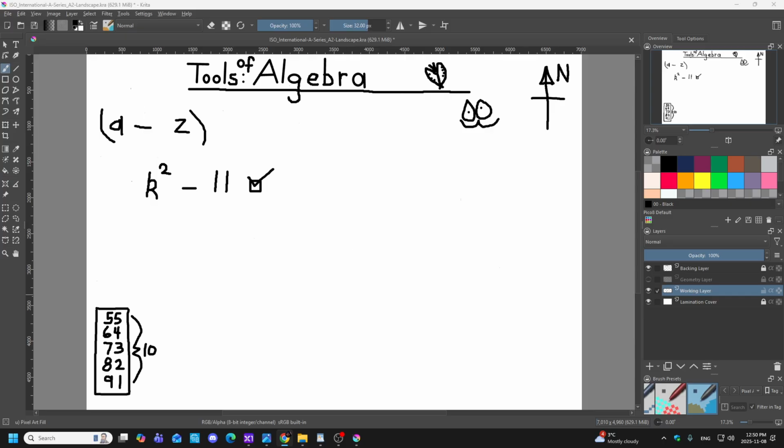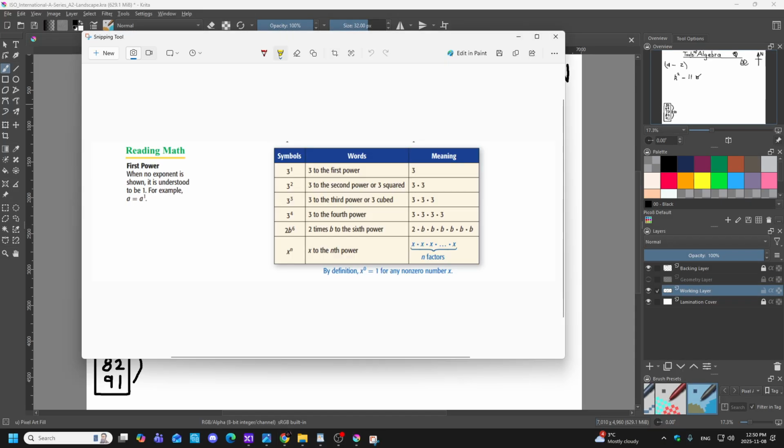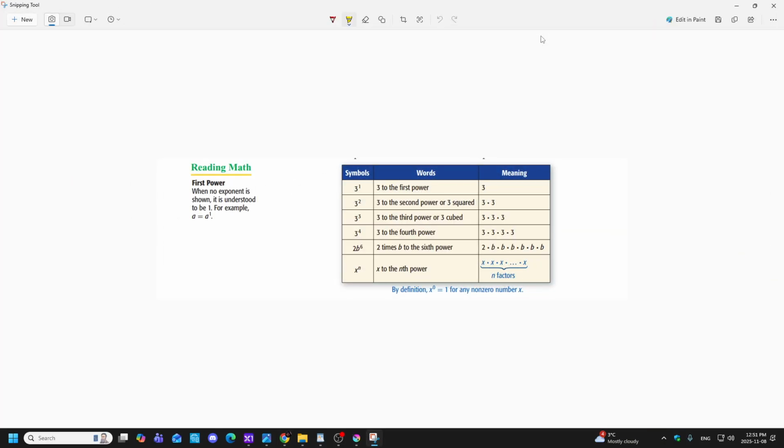Recall, and I'm going to share a little snippet on reading math. First power. When no exponent is shown, it is understood to be 1.